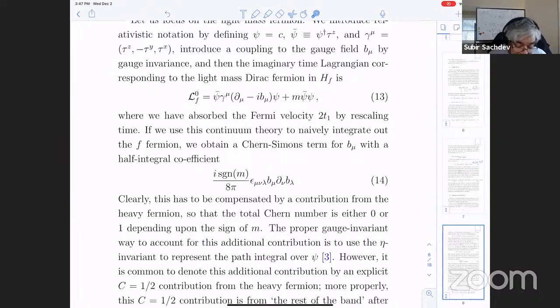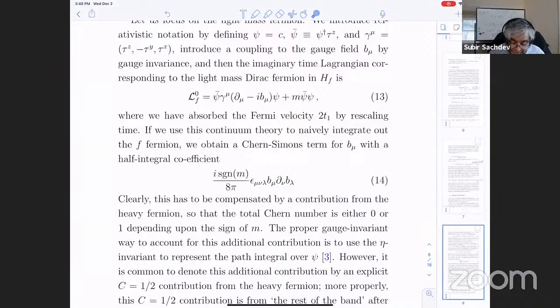That's completely correct. But what I mean by adding this half a term is I just have to keep in the back of my mind that I only evaluate this upon including the other half from the psi fermion, so that it's always an integer, either 0 or 1, depending on the sign of m. So that's just something I have to remember.